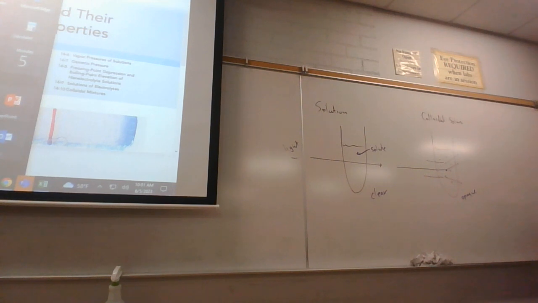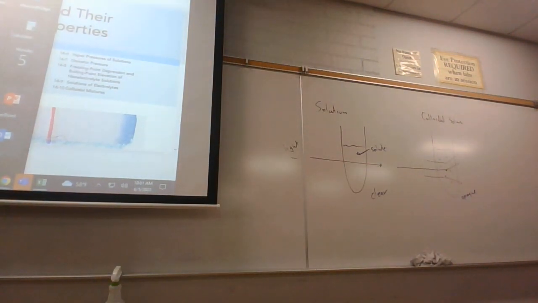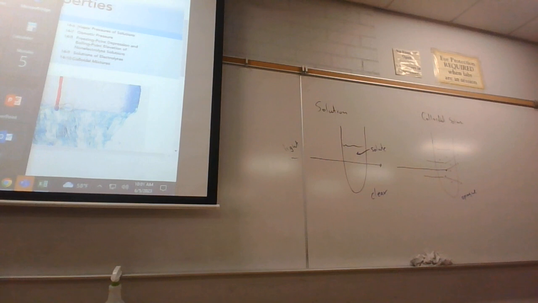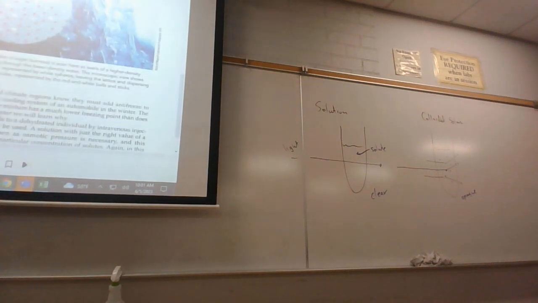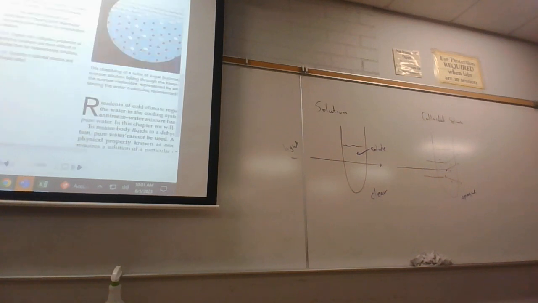And so that's one of the ways you can tell. If you hold a flashlight, there's a glow to a colloidal solution, whereas with a true solution the light would just go straight through. This is actually at the end of chapter 14, but we'll talk about it now. So let's take a look at colloidal solutions and the Tyndall effect.